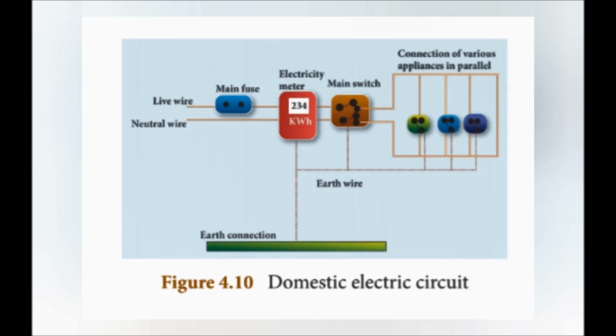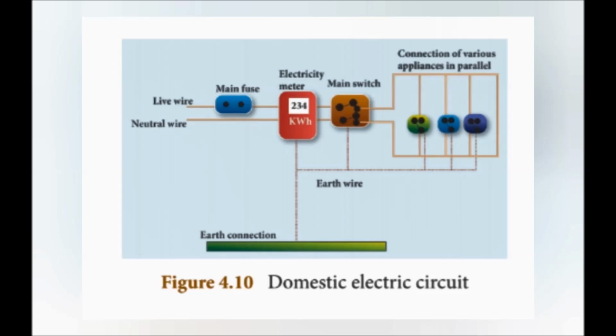Explain about domestic electric circuit. In our homes, electricity is distributed through the domestic electric circuit wired by the electrician. The first stage of the domestic circuit is to bring the power supply to the main box from the distribution panel, such as a transformer. The important components of the main box are fuse box and a meter.